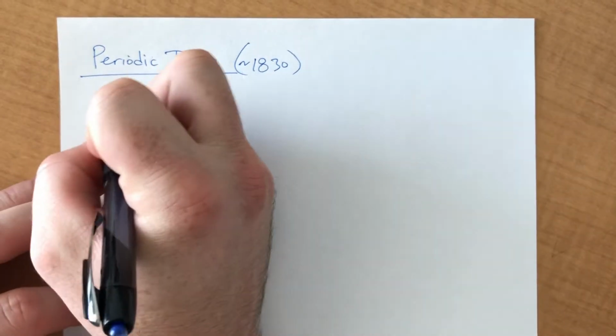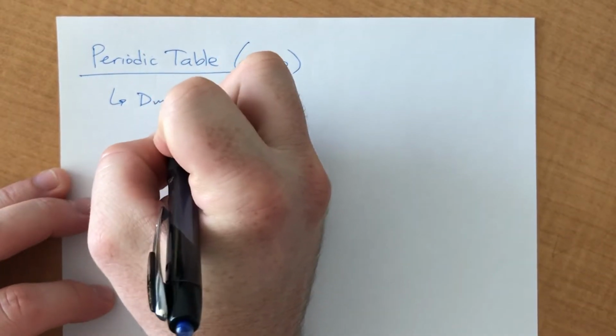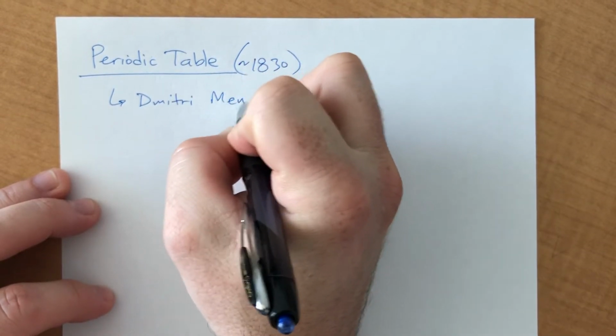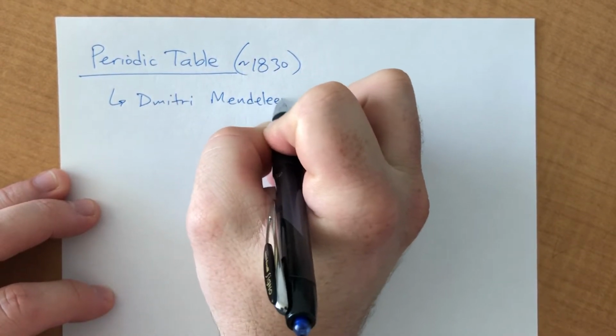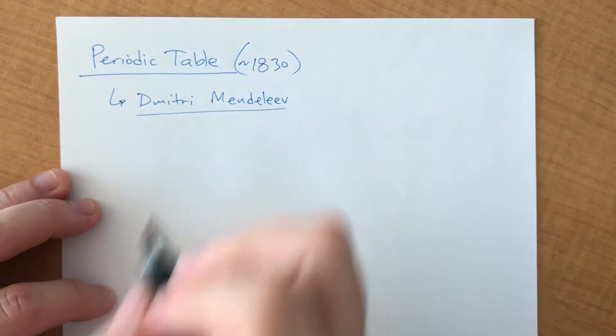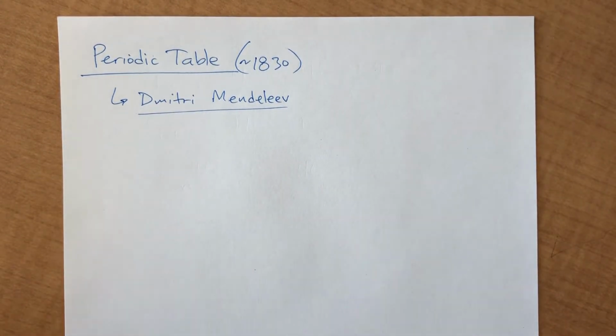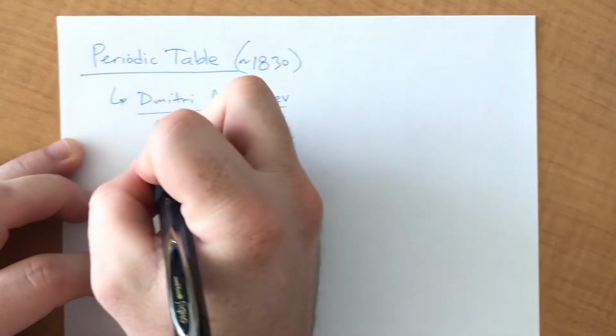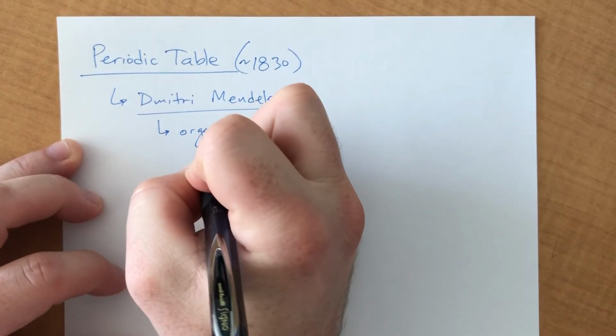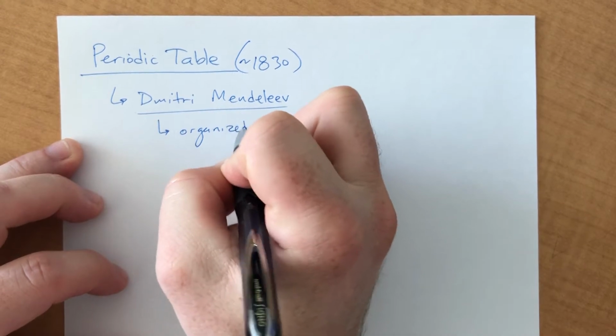So this guy named Dmitry Mendeleev, a Russian chemist, if you ever look up pictures of him, he looks like some evil wizard from Harry Potter. He basically organized the known elements based off physical property rather than name. So what he did was he basically still made a list.